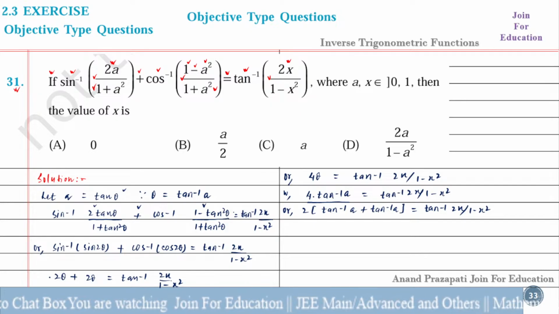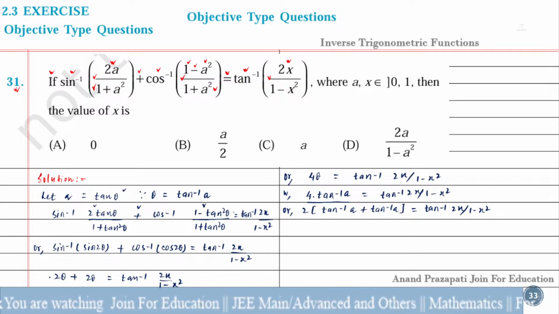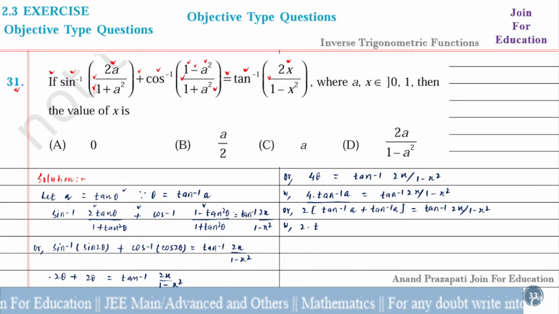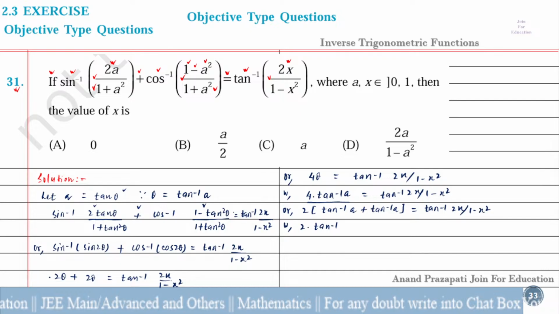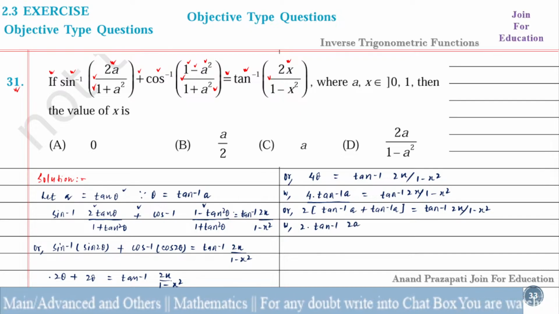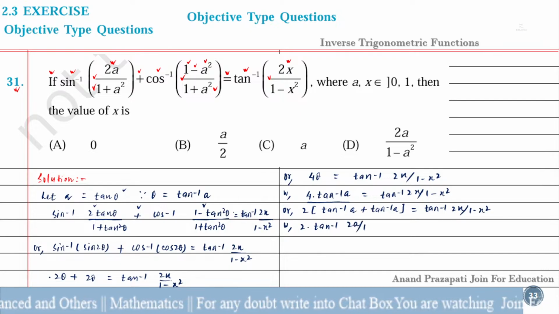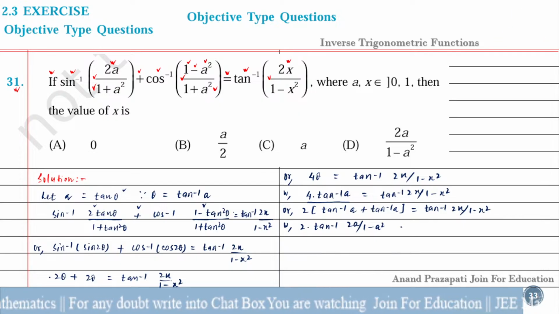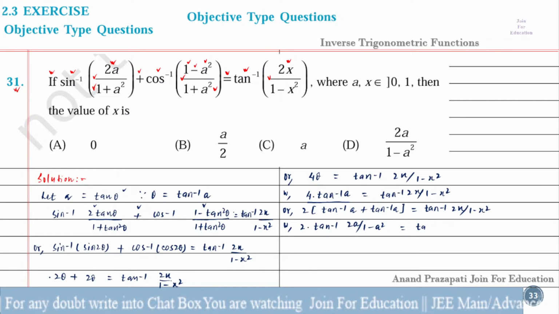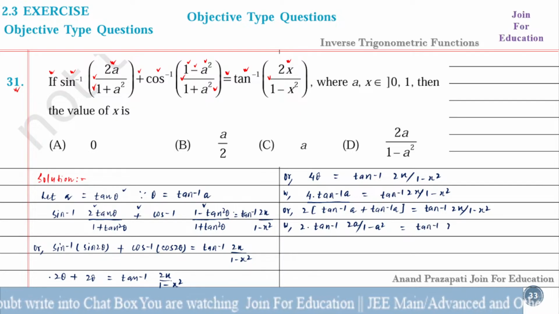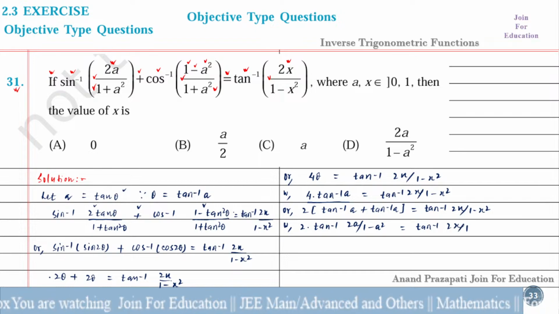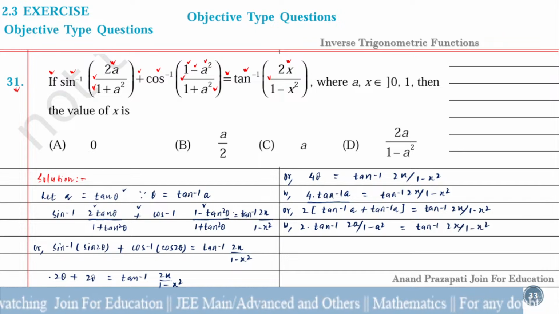So tan inverse a plus tan inverse a equals 2 into tan inverse 2a by 1 minus a square, equals tan inverse 2x by 1 minus x square.